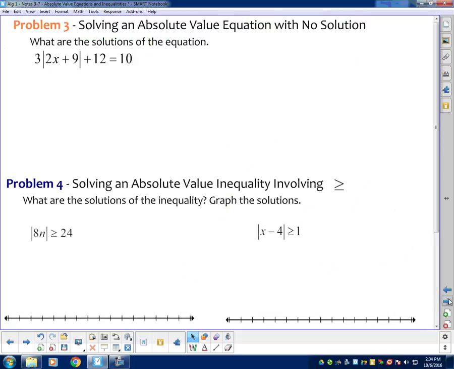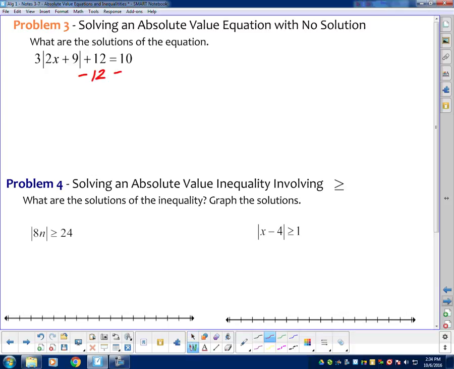Okay, so we have lots of things in this problem that are attached. We have lots of things attached to our absolute value that we have to get rid of on this problem before we can split it. We cannot split it right now as it is. So we're going to just do this as if we were solving.